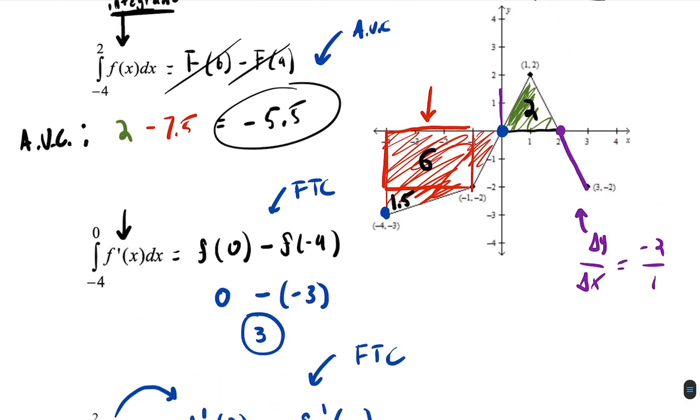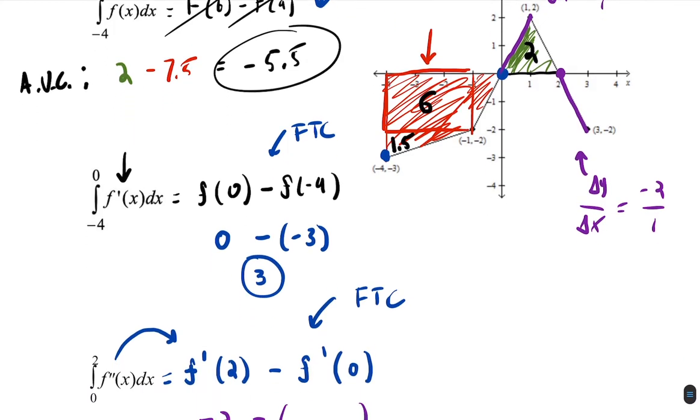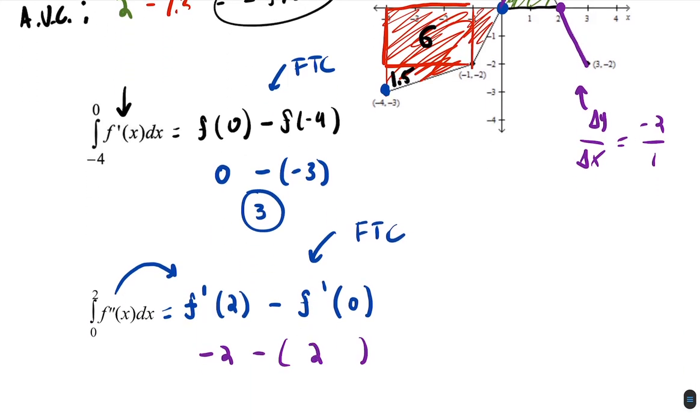I'll draw that line in purple so you can tell. That slope is change in y over change in x equal to 2 over 1. And so we're going to have negative 2 minus 2, which is equal to negative 4.